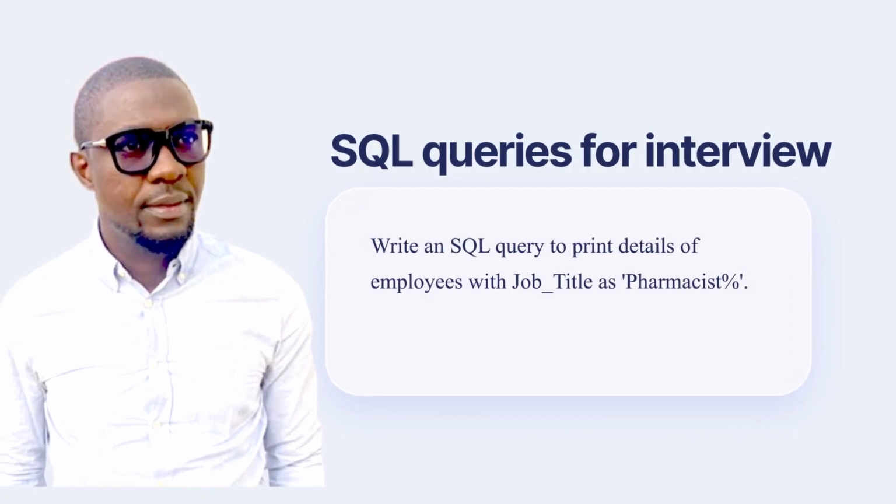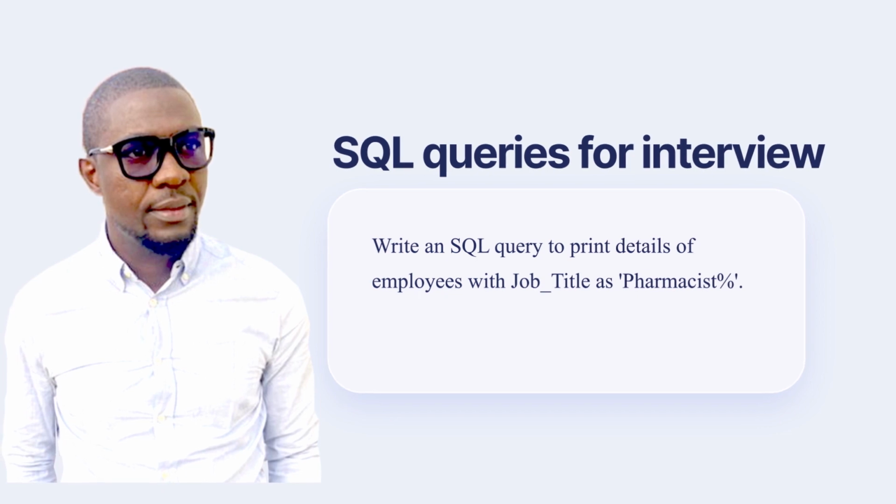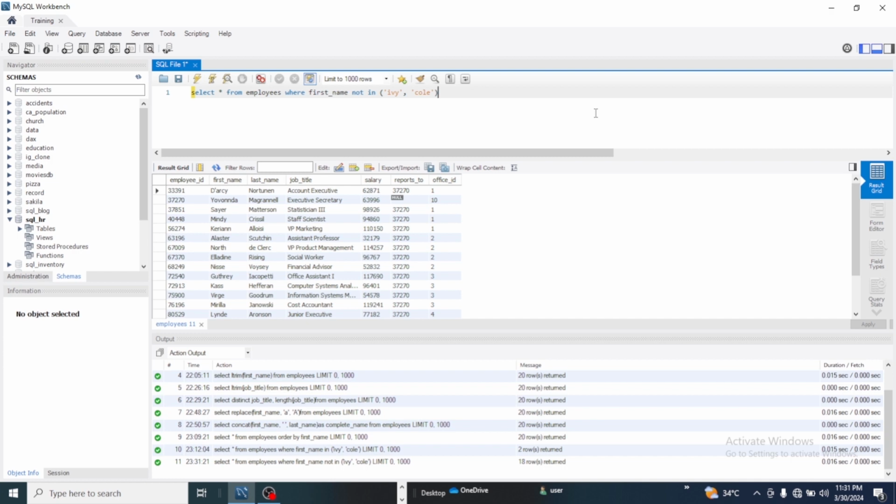Write an SQL query to print details of employees with job title as pharmacist. At this point, what we are trying to achieve is that we are searching for pharmacists from job title, and job title is a column. So we are extracting pharmacists alone from that table.